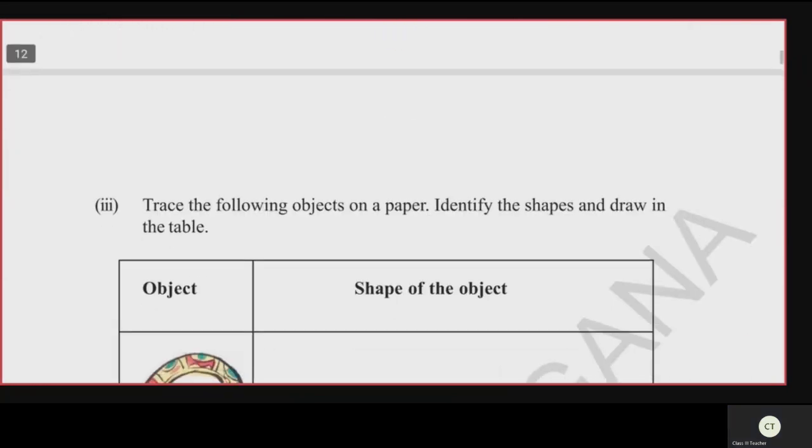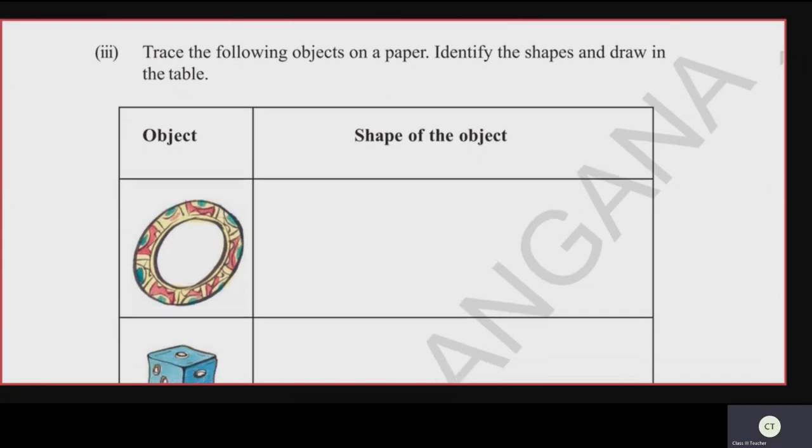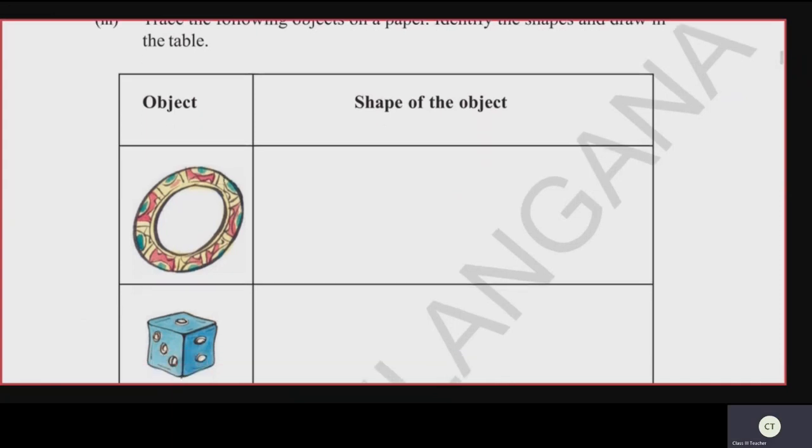Next. Here, some objects are given, and you have to place those objects on a paper and trace, and whichever shape you see on the paper, you have to write in the given box.